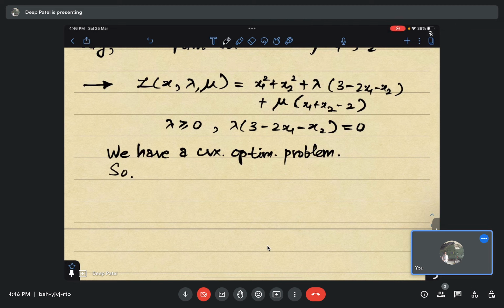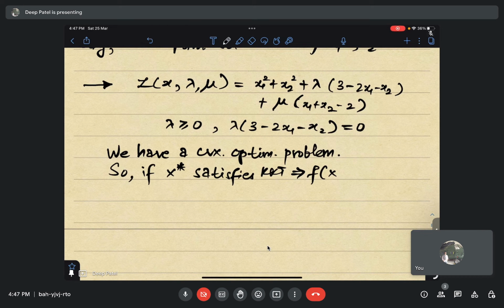So if x star satisfies KKT, what can you say? We have found a global minimum. Here global or local doesn't matter.